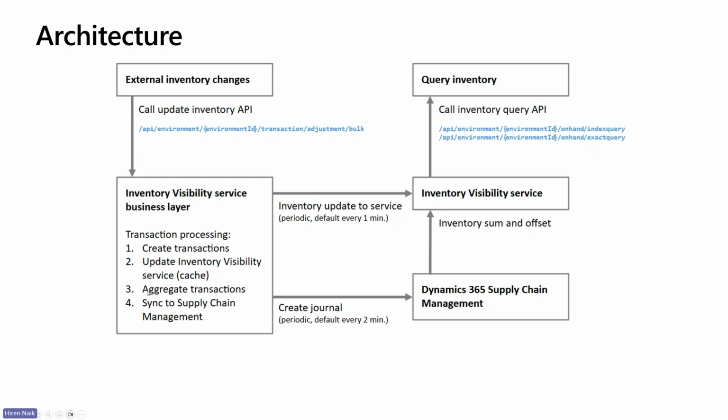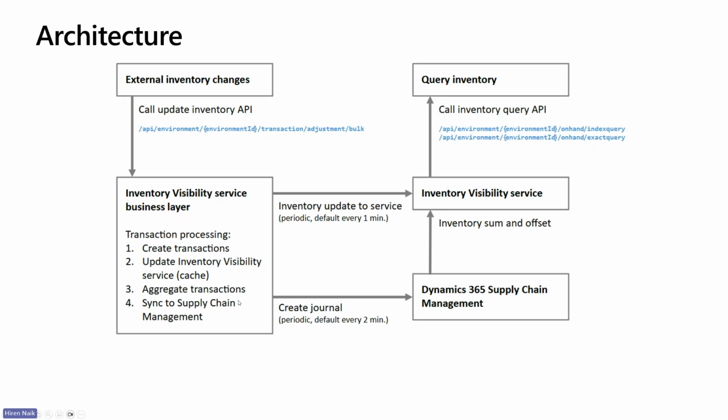The third step is that it applies the aggregation logic. Depending on the inventory dimensions you have specified to adjust the inventory, those dimensions will be used to aggregate the transactions. Those aggregated transactions will eventually be synced into Dynamics 365 supply chain management using the inventory adjustment journal automatically.